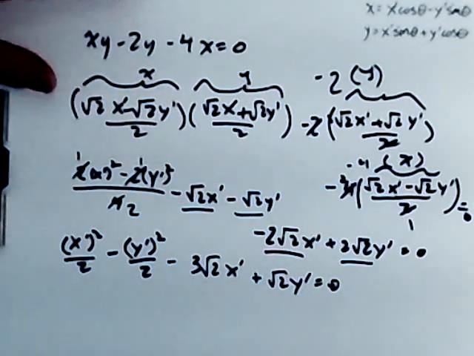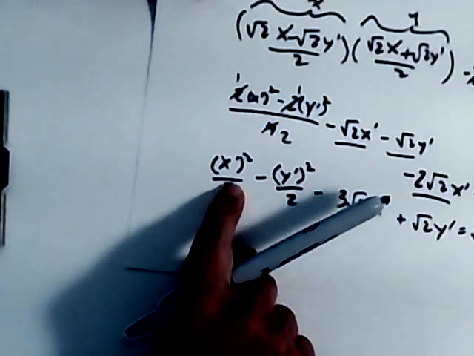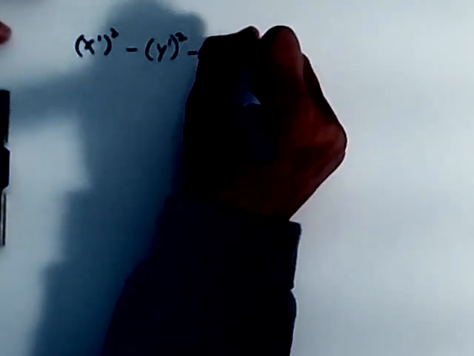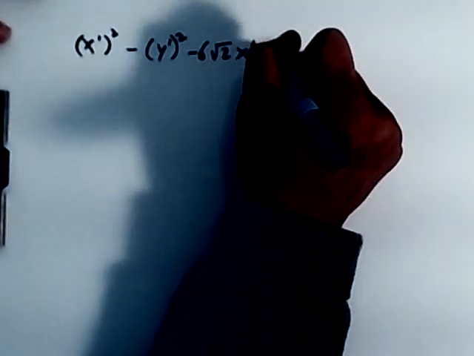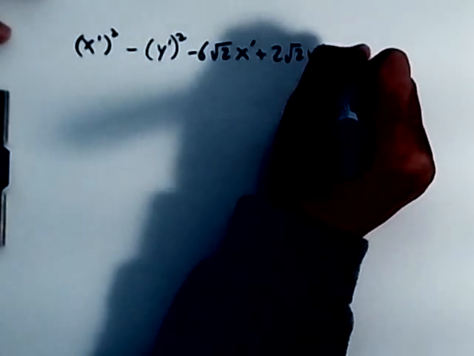I think I covered all of them so far. I'm going to multiply everything by 2 in this situation. I'm going to bust that fraction, multiply everything by 2. So the next step, I get x prime squared minus y prime squared minus 6 root 2 x prime plus 2 root 2 y prime is equal to 0.